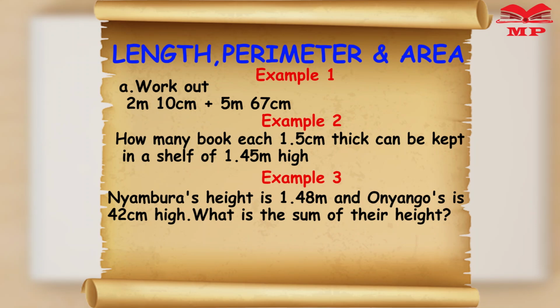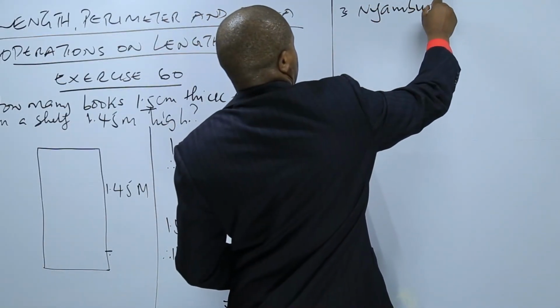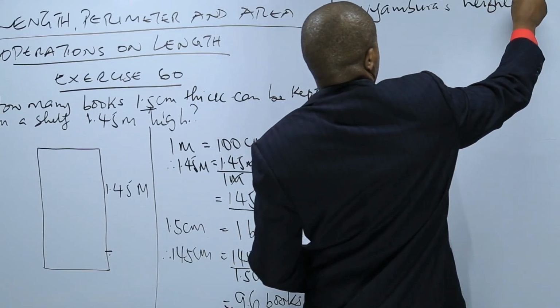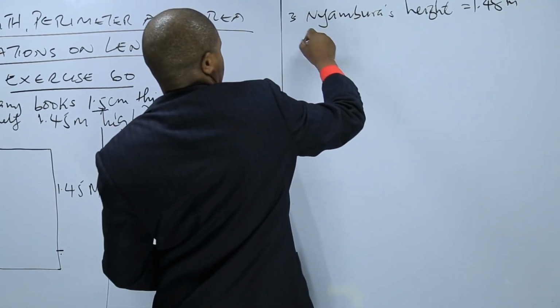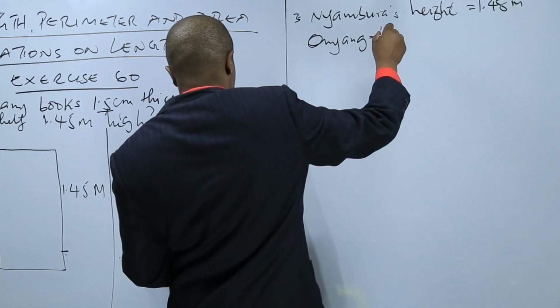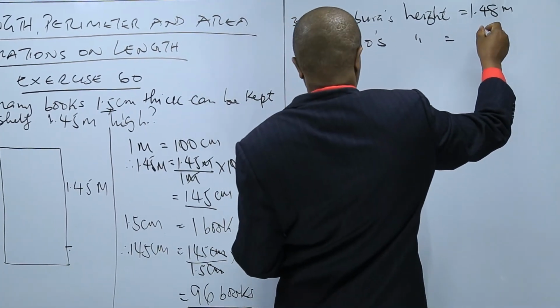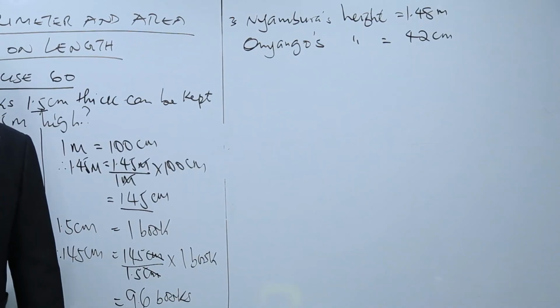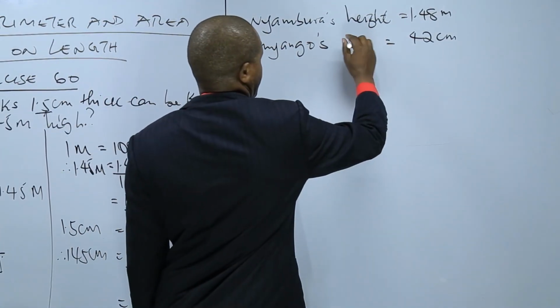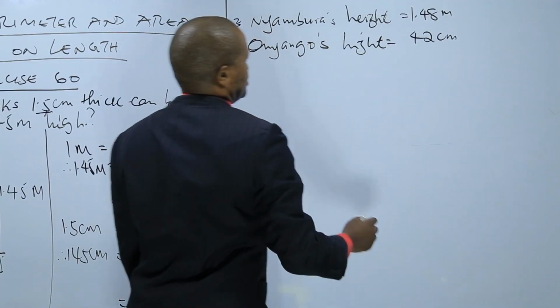Nyambura's height is 1.48 meters and Onyango's height is 42 centimeters. What is the sum of their height?